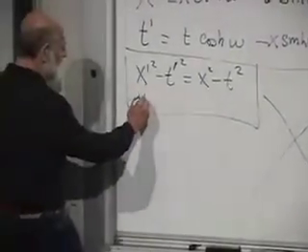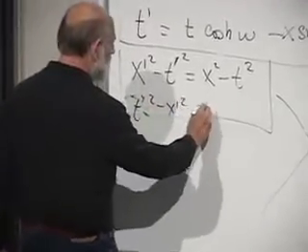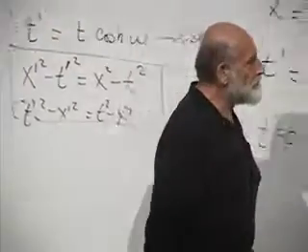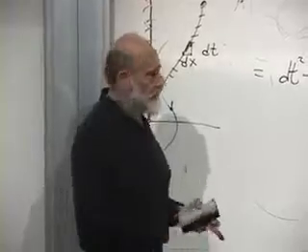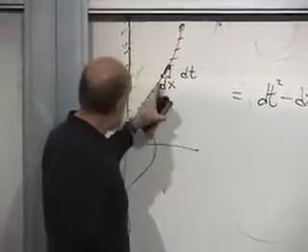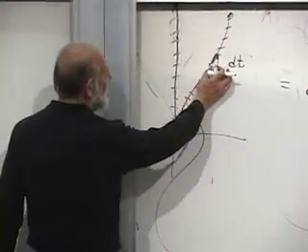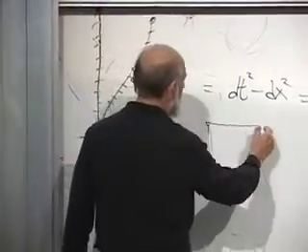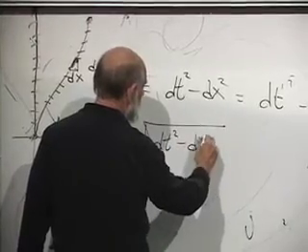Incidentally, this is the same as saying t prime squared minus x prime squared equals t squared minus x squared. Doesn't matter which way you write it. All right, so that suggests that the invariant time read off along a trajectory between 2 points separated by dx and dt is just the square root of dt squared minus dx squared.